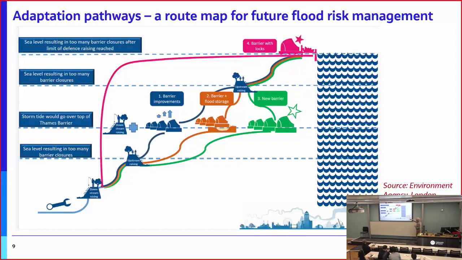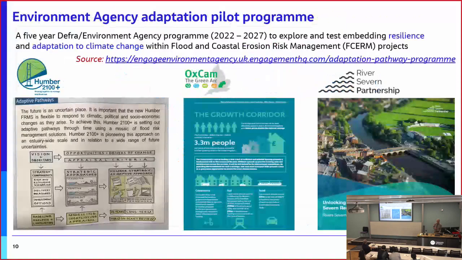So you've got sea level rising along the right-hand axis, and as sea level rises, you've got these transitions between improving the existing barrier, adding in the middle part of the century, augmenting the barrier with flood storage, and ultimately building a new barrier further downstream in the estuary.